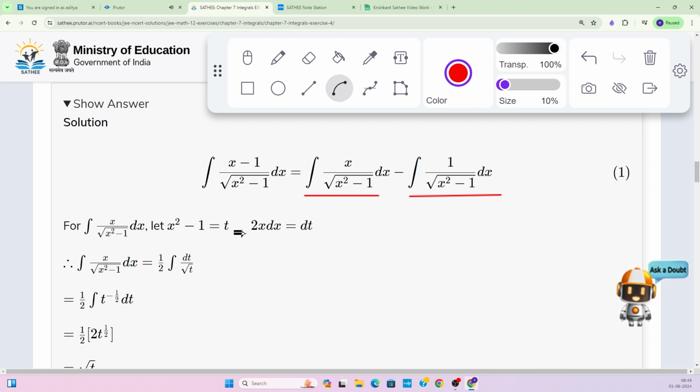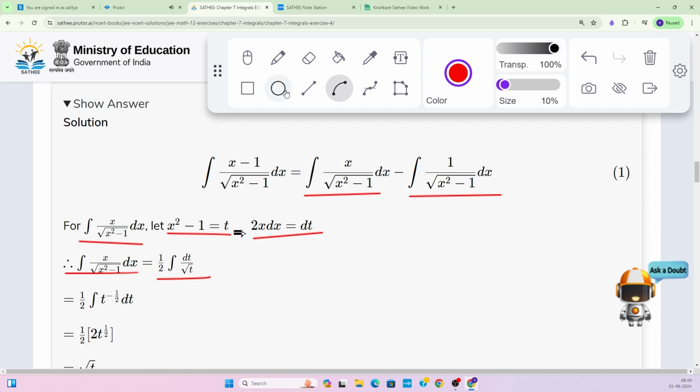And for this integral, you have to substitute what? x square minus 1 is equal to t, as you can see. So putting x square minus 1 equal to t for this integral, you will have 2x dx equal to dt. This means this integral is now transformed into half of the integration of dt by root t, and you all know what half of the integration of dt by root t is.